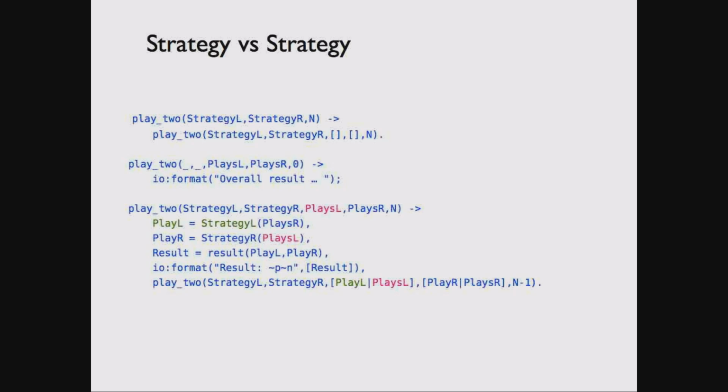Well, what we do is we apply our strategy, strategy L, to the opponent's plays, plays R. And so finally you can see now that in the tail recursive call, we add play L to the front of plays L, play R to the front of plays R, and we subtract 1 from the number of turns still to go. So we get the next play for left by applying the strategy for left to the plays so far for right, and conversely. So it's a very nice symmetrical arrangement.